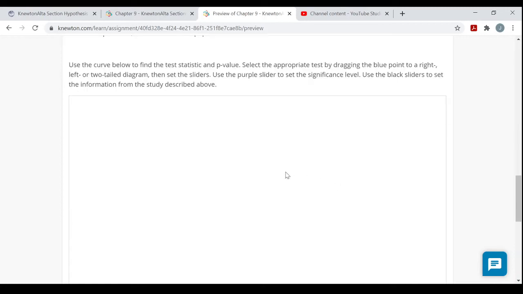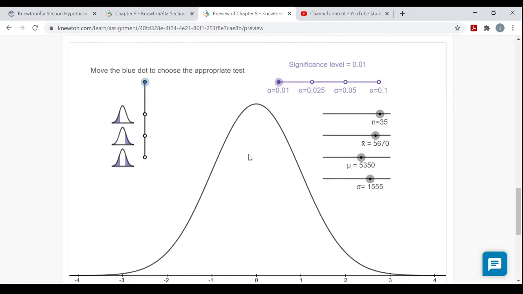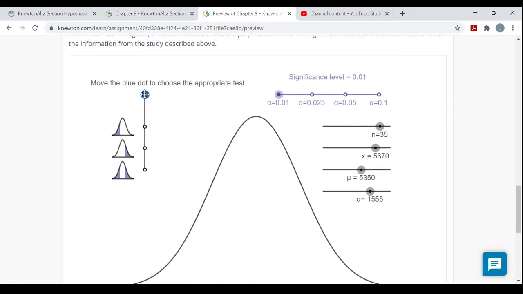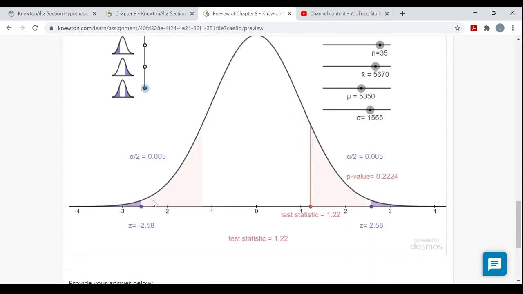Since the alternative hypothesis was that the mean was not 5,000, this was a two-tailed test. So I move this dot down here to where there's two tails. Now those two tails are the rejection regions. They do have the rejection regions and critical values up here, but they also have the p-value mentioned, and we're going to focus more on that.